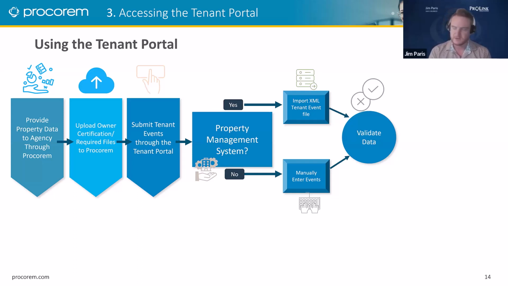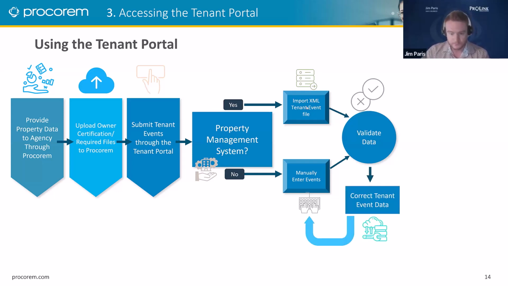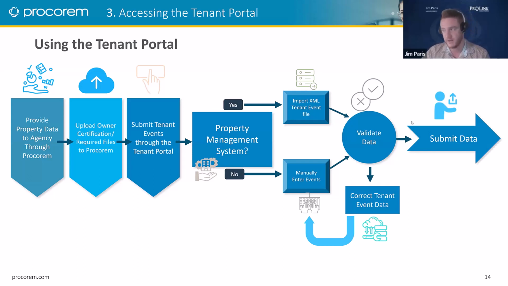It'll say, hey, double check this, maybe something's off with this one. And once all those errors are corrected, you'll be able to go ahead and submit your data. This just gives you a good visual illustration of that process from start to finish.